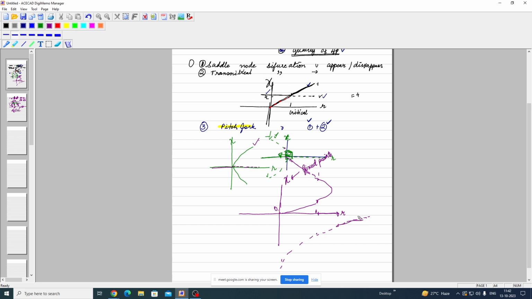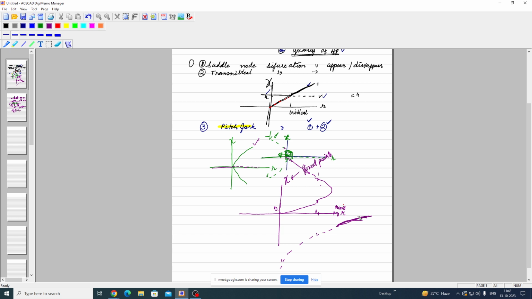It's hard to redraw using this surface, but let's say that to the right of this particular critical value of R, the third fixed point was a stable fixed point, and the moment the new fixed points appeared, it was unstable.